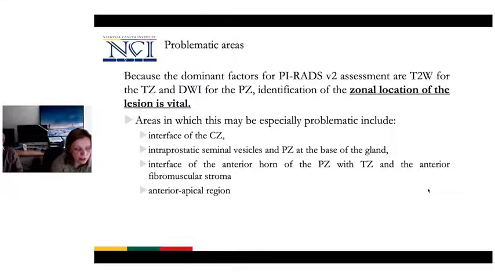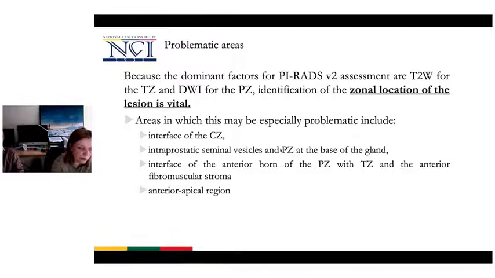And areas in which we have a lot of problems: this is the interface with the central zone. Then we have a zone where seminal vesicles are going into the gland. It's the base of the gland. So we can say that in the base of the gland, maybe we are making most of our mistakes.